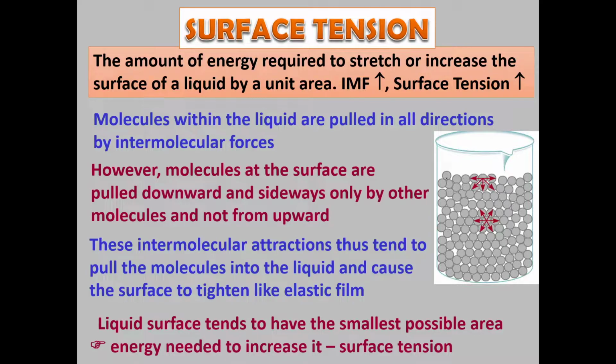Tetapi untuk dekat surface, this is the surface, the molecule yang paling atas ni only attracted dekat bawah and tepi. So it will compact dekat top. So that's why we have surface tension where the nyamuk boleh letak kaki dia tu. Okay. Bayangkan itulah nyamuk orang tu. So dia boleh berdiri dekat atas surface tension tu.